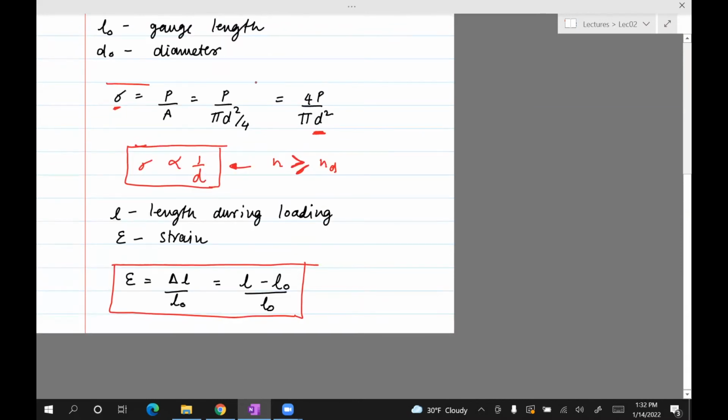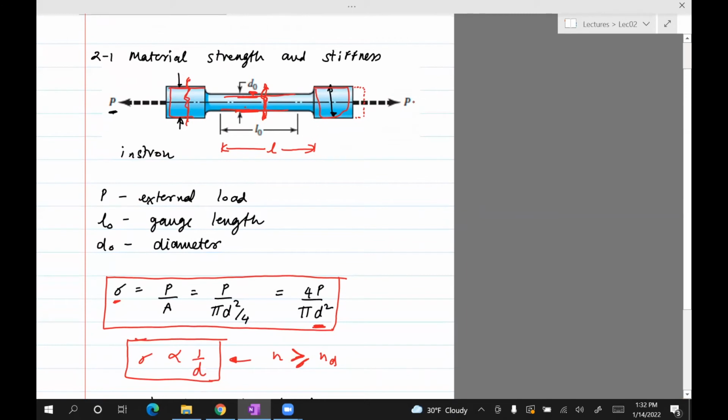And this is the stress. So what's happening here is this P is increased. As P increases, L increases. And then you can note the stress, which is P divided by A. So you can see that as P increases, stress increases.